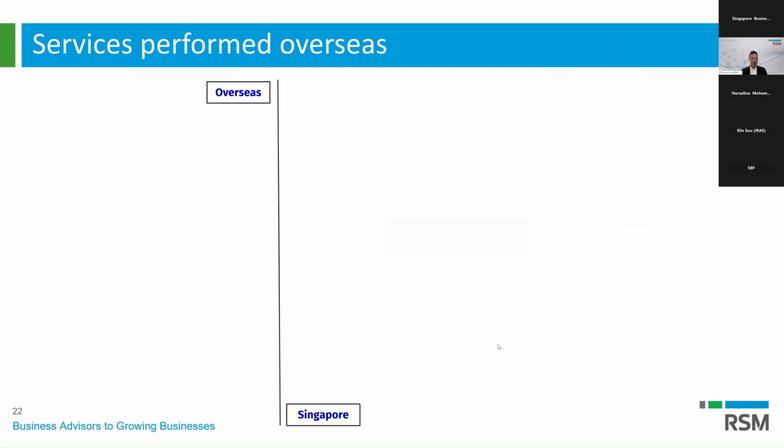For services performed overseas, most of us would always think, services performed in Singapore, definitely 9% applies. For services performed overseas, definitely no GST applies. It may not be true. To make things more complicated, most clients will also say, if I'm performing services overseas, so long as I'm billing a Singapore customer, definitely cannot run, must account for 9% GST.